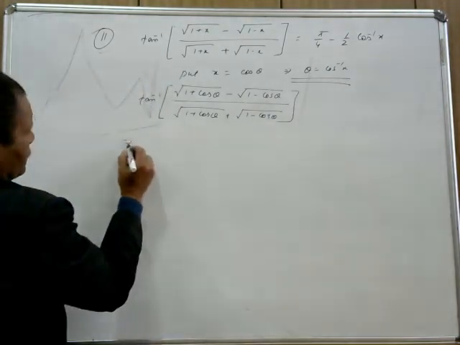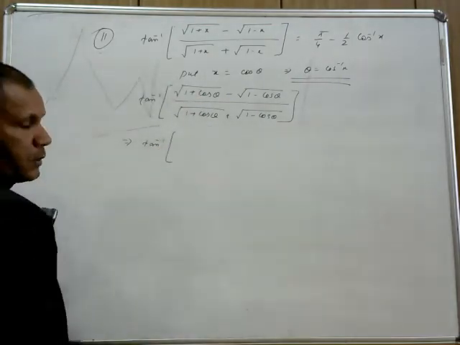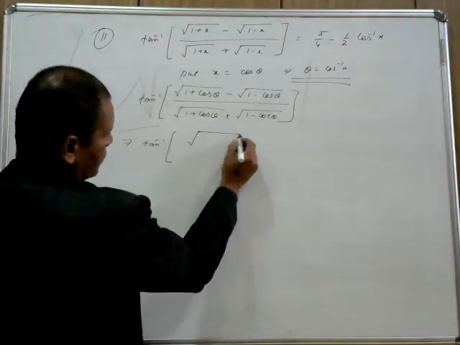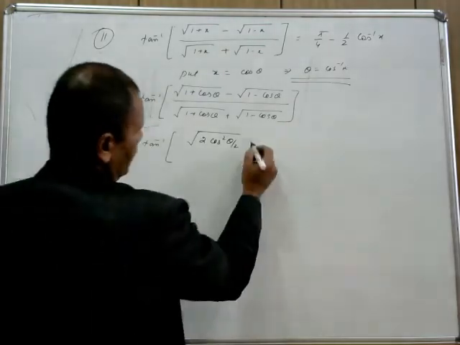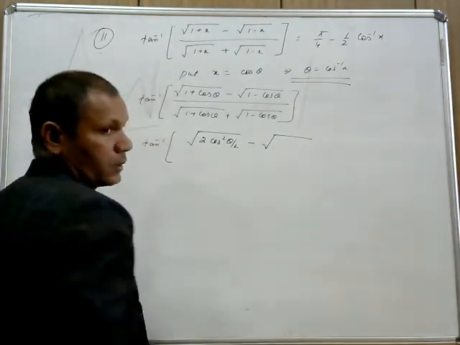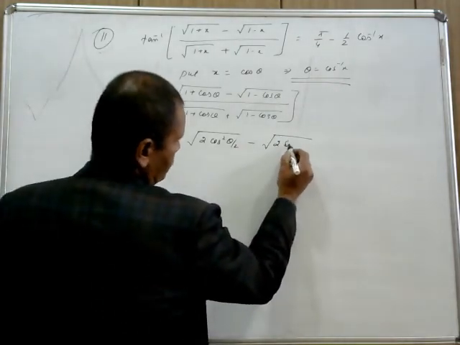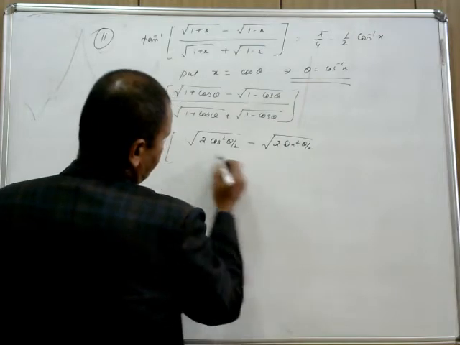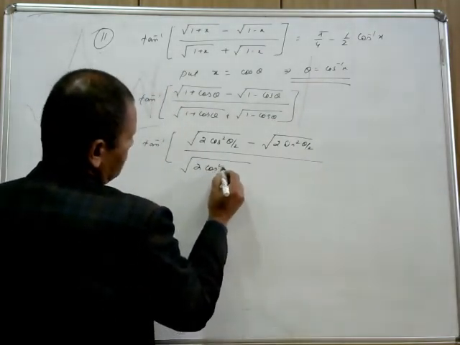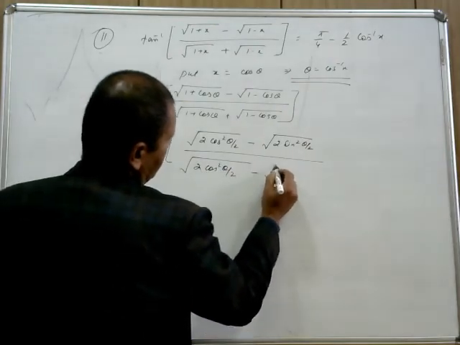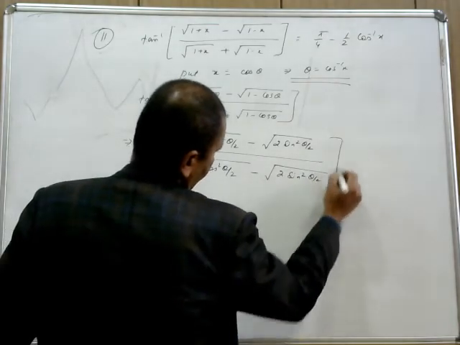This is equal to tan inverse of under root 1 plus cos theta, which is under root 2 cos square theta by 2, minus under root 1 minus cos theta, which is under root 2 sin square theta by 2.